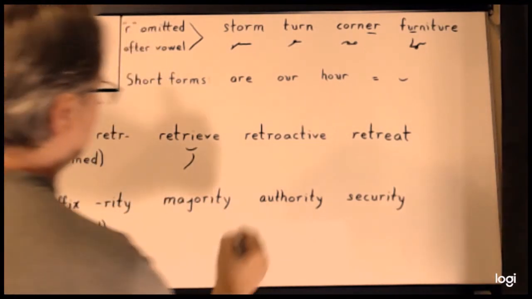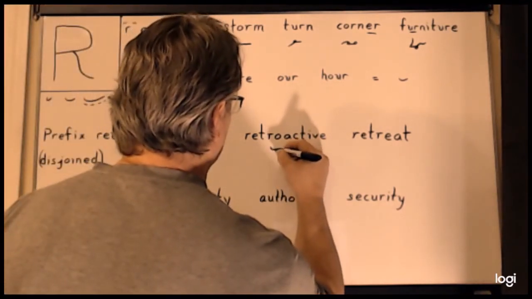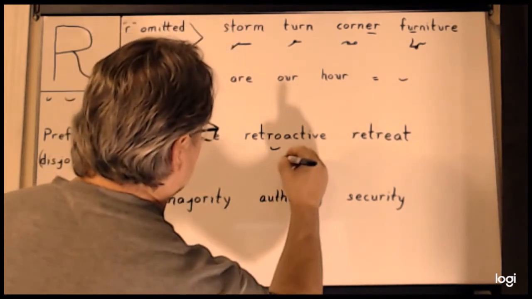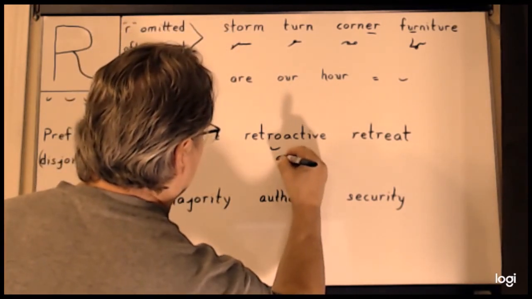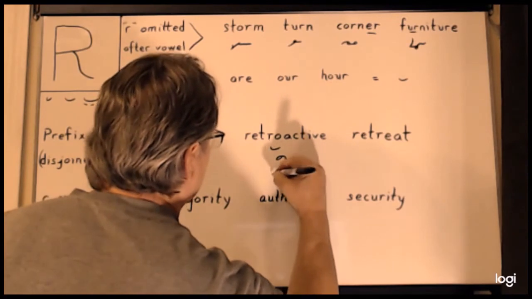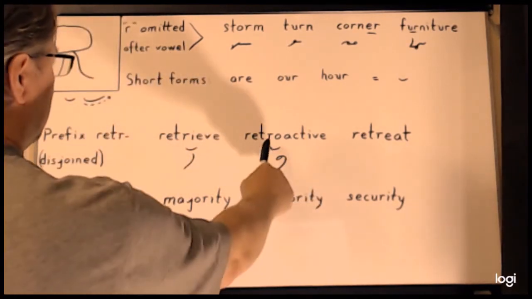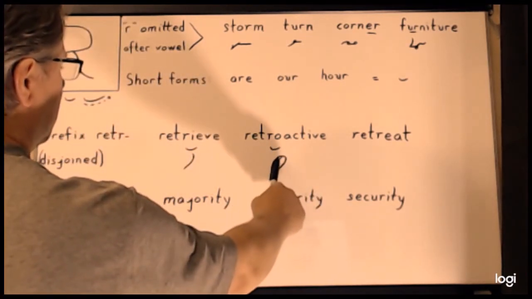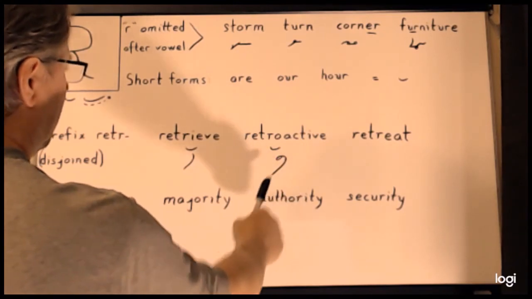Retroactive is going to be the R, and then A, K, V. Again, the O sound is understood, and then active, so retroactive.